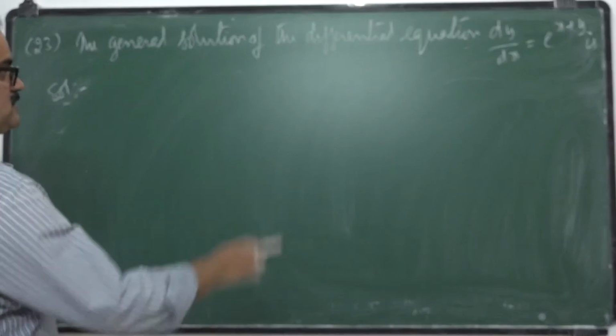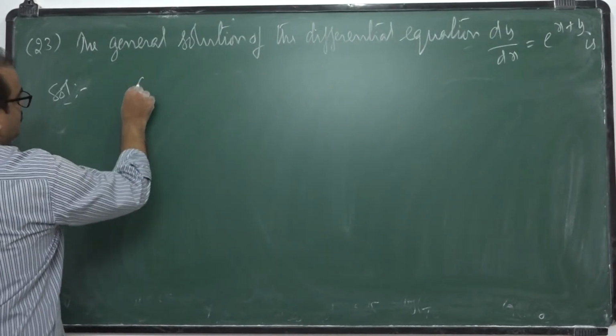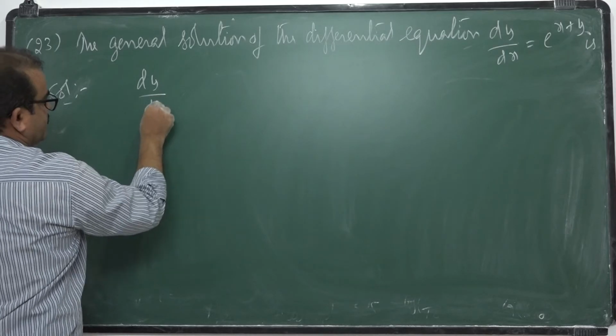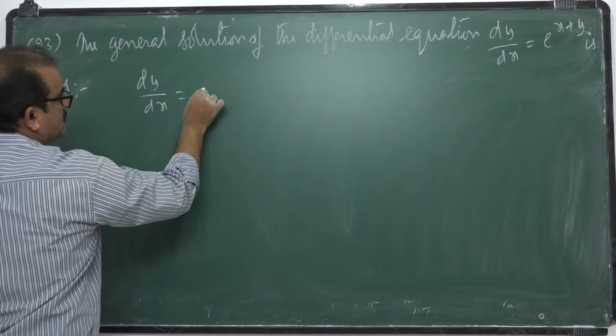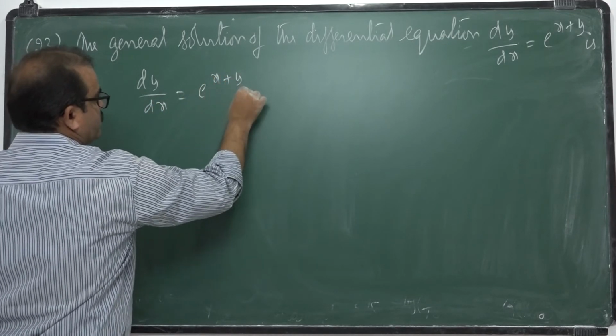General solution means solve that equation. What is the given equation? Dy by dx is equal to e power x plus y.